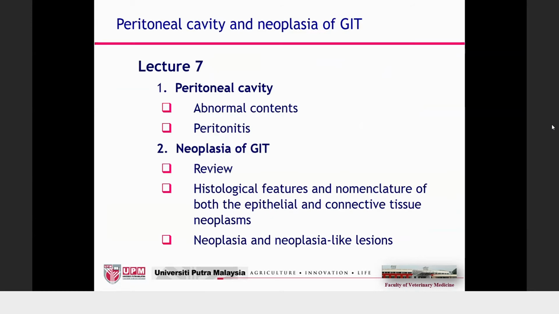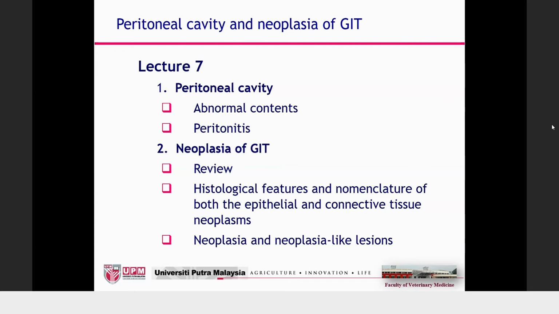For the peritoneal cavity, what is most important is the content of the peritoneal cavity. As I said, sometimes we call it the peritoneal cavity, but in general terms we might call it the abdominal cavity, because the peritoneum is a very thin membrane, just like a balloon, that gives a very good cushion or buffer for the visceral organs in the abdominal cavity.